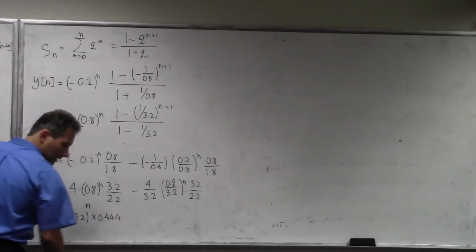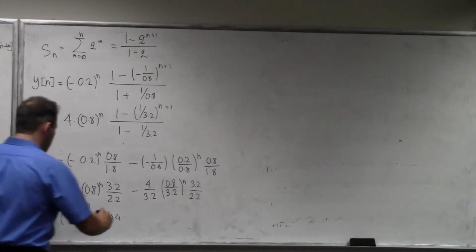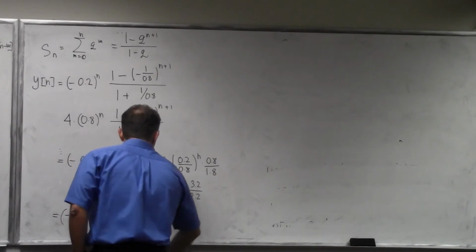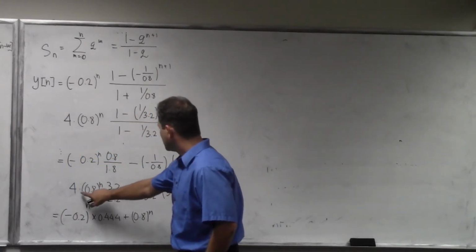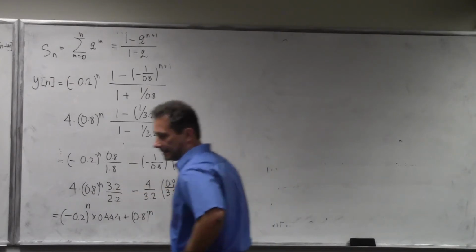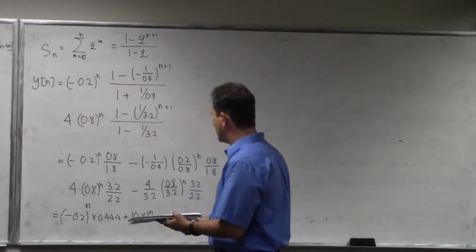Then the second one is 0.8. So let's see, plus 0.8 to the n. Where is my 0.8 term? Just this guy here. So this becomes 4 times 3.2 over 2.2. And this is slightly bigger than 4, 3/2 of the 4.